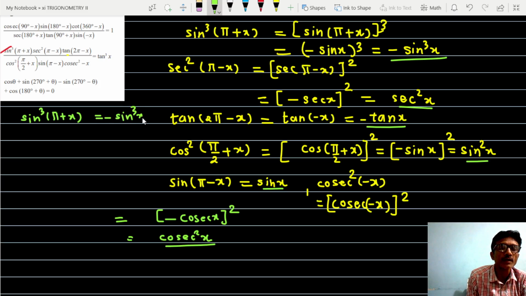The next value required is sec square of pi minus x, which is sec square x. Tan of 2 pi minus x is minus tan x.